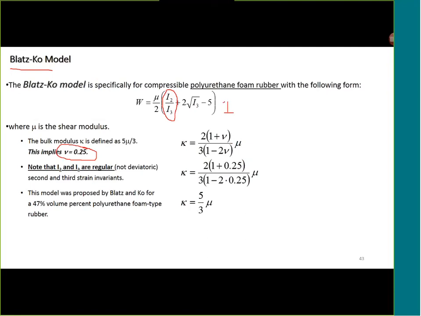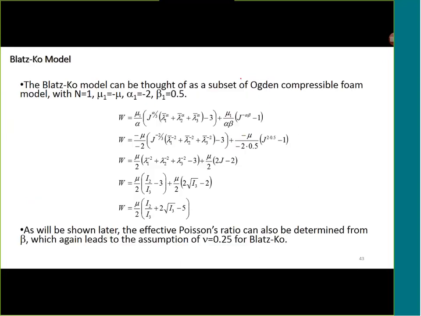Always we have used I1 bar or I2 bar, where the bar represents the deviatoric part. But in this case, the deviatoric part and the volumetric part are not separated, so that it becomes really good for capturing the compressibility effect, which is very dominant in foam kind of materials.